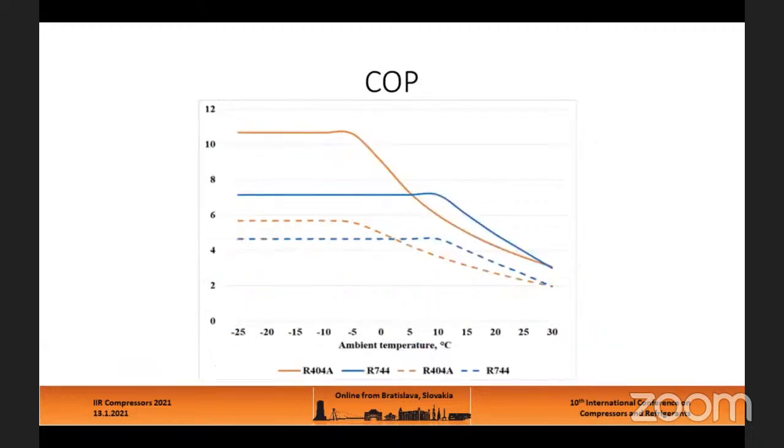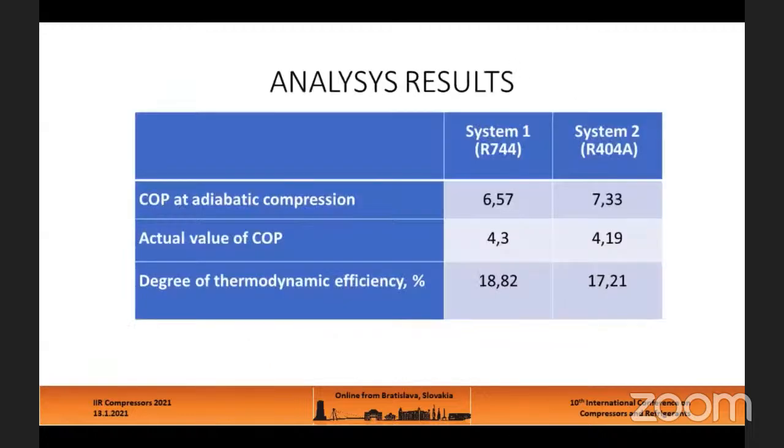On this slide you can see COP values. It's adiabatic COP and actual value of COP for two different systems. This is for R404A and this is for CO2. Now you can see the analysis results.